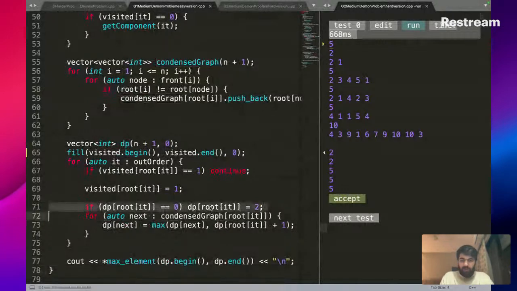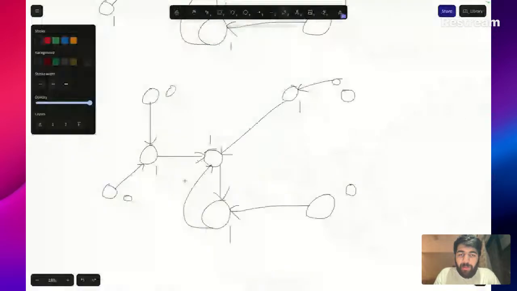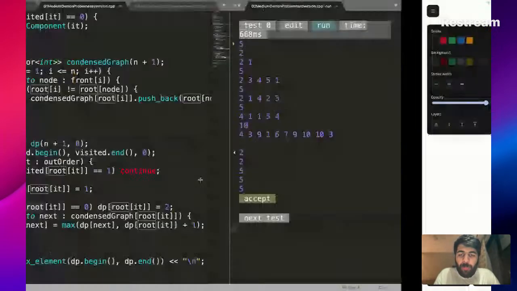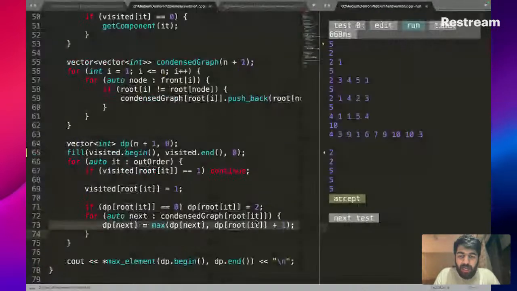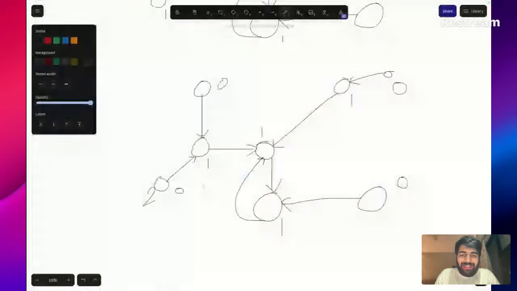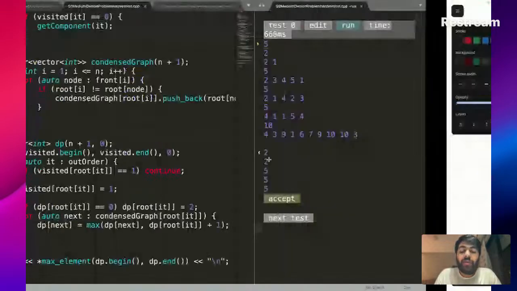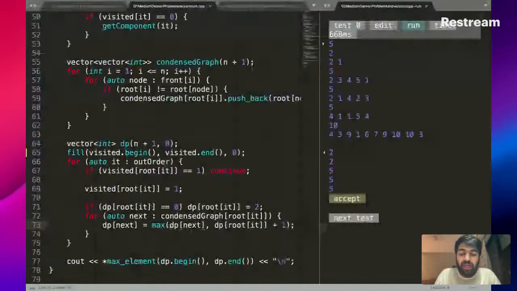So how am I doing it? If I am at a sort of a source node, I put in the value as 2, and the answer is just the max value. And since this is a DAG, the whole cycle is considered as a single node. And since this is a DAG, you can do a topo sort on it. And we have dp[next] = dp[root] + 1.